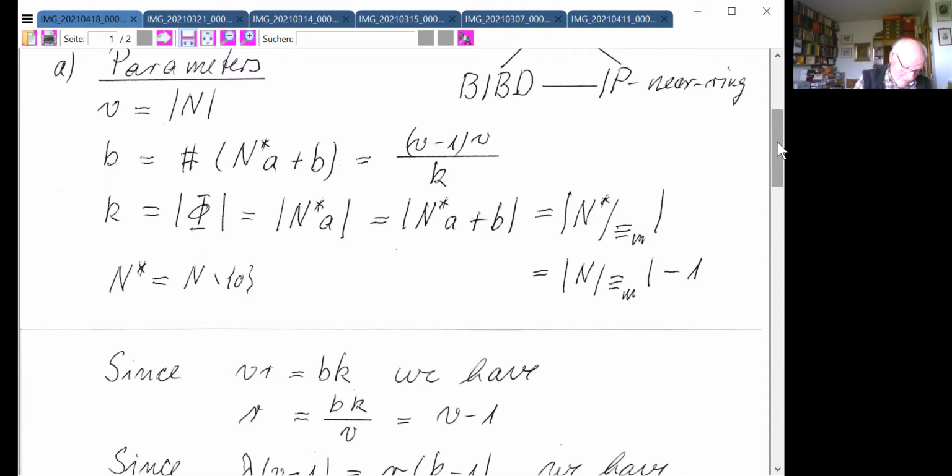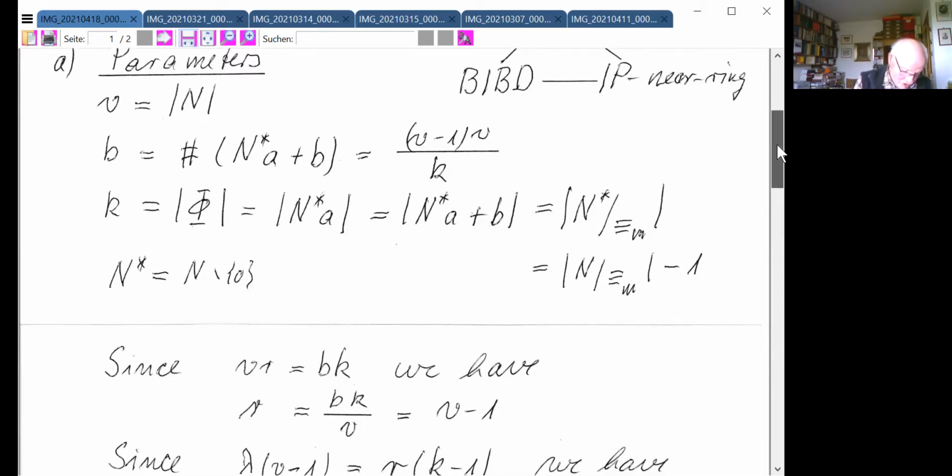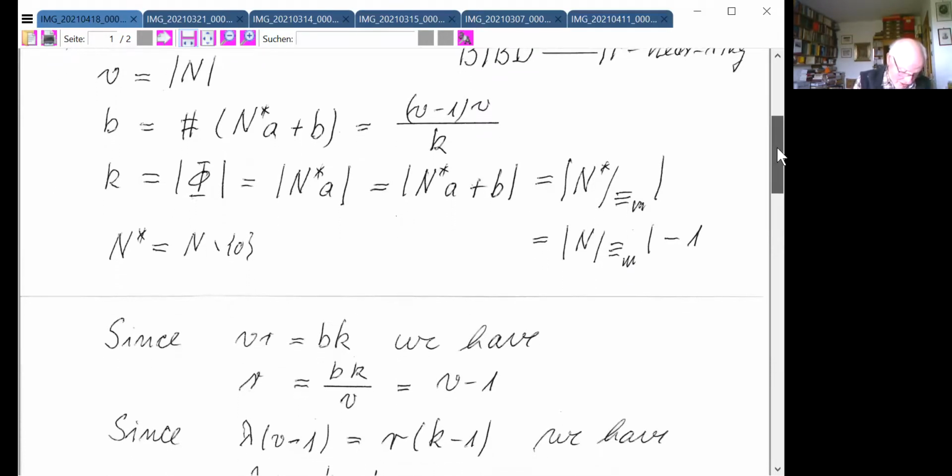Now we have these relations in the balanced incomplete block design, which I mentioned before. So if we have v, b, and k, then we can compute r.